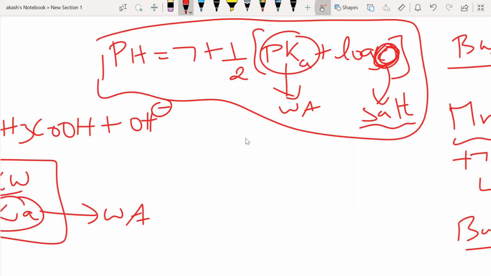The base or acid concentration is not required. Not required in the sense that if they give it to you, that means it is a buffer solution. If they don't give it to you, that means it's salt hydrolysis. That is how you identify. So in buffer solutions there are two concentration values, and in salt hydrolysis there will be only one concentration value given in the question. Based on that, you will judge whether this question is from this or that.